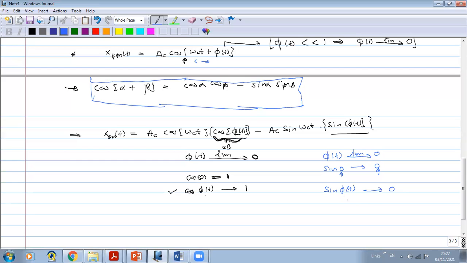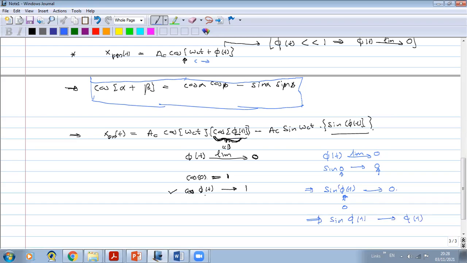Now you can see that this 5t is also near to 0. So we can say that when 5t is limiting to 0, sine 5t is limiting to 0.